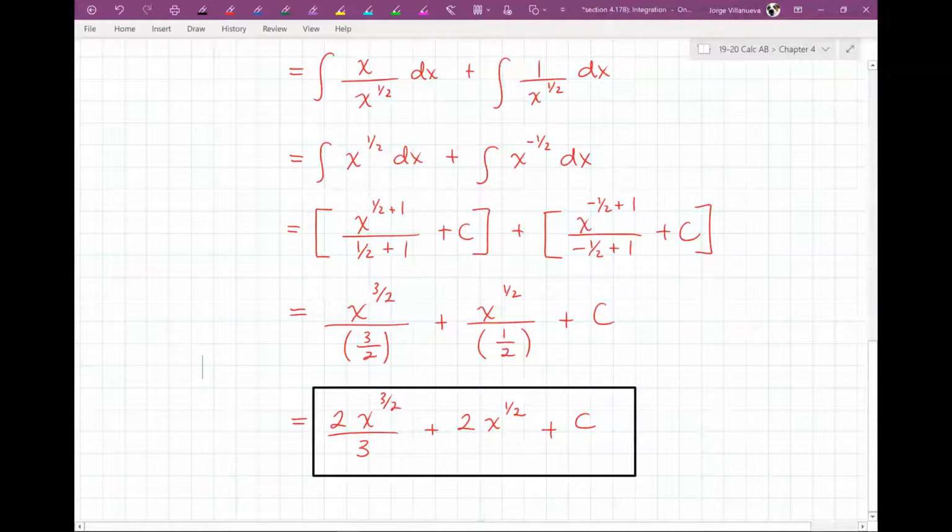So we have to rewrite stuff, make it fit what we know how to do. Once we do that, then we can start integrating, taking your time, making sure you don't accidentally mess up on the easy part, the algebra part, right? Dealing with the fractions, adding one, that type of stuff. Hopefully we don't mess up on that, and then you should be able to get your solution.